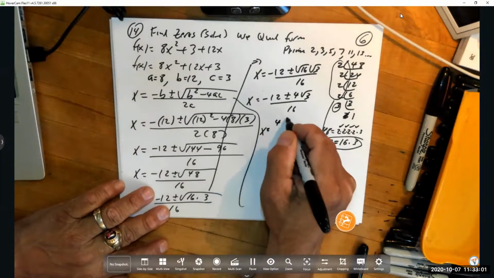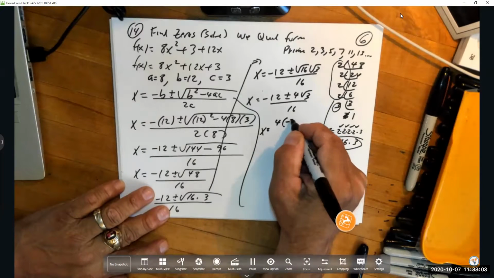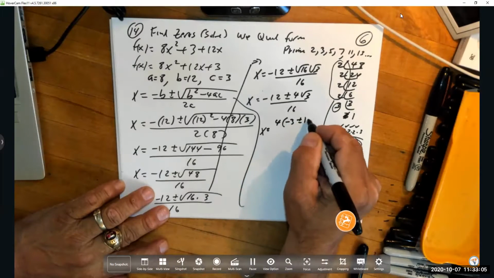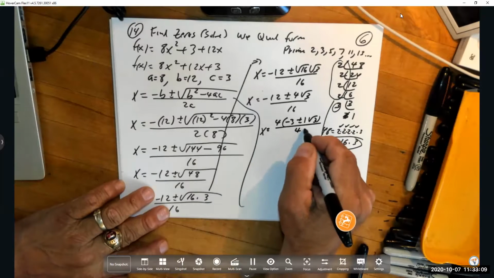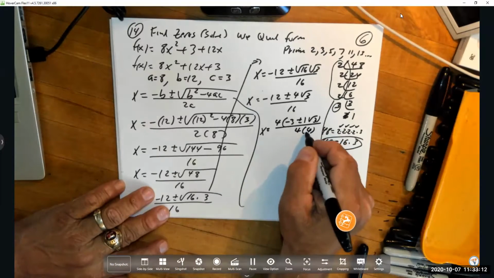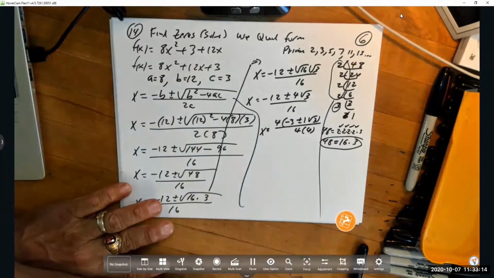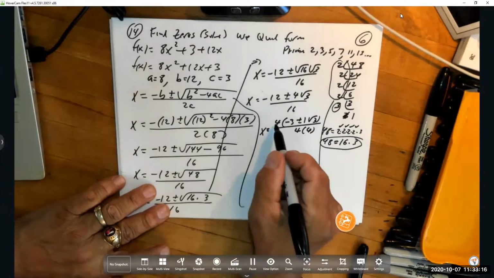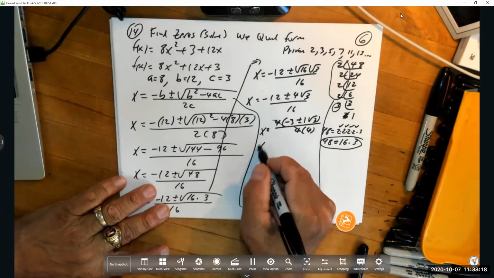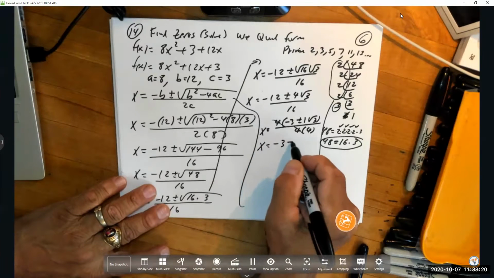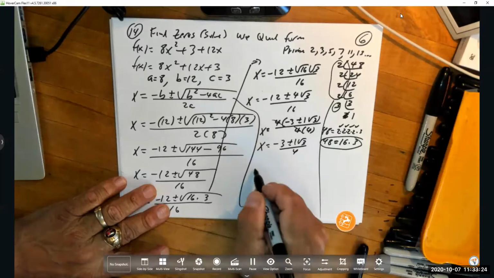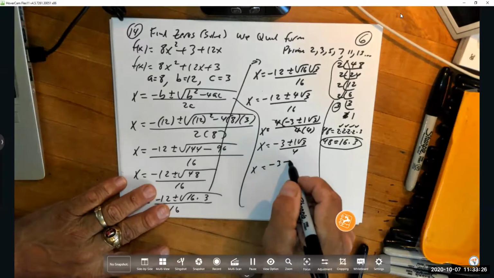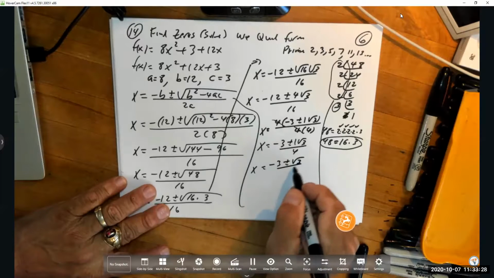So it's going to be minus 3 plus or minus 1 square root of 3, all over 16. Well, how about this one too? 4 times 4 is 16 at the bottom, right? Yes. And the outside 4s go away. So x equals minus 3 plus or minus square root of 3, over 4.